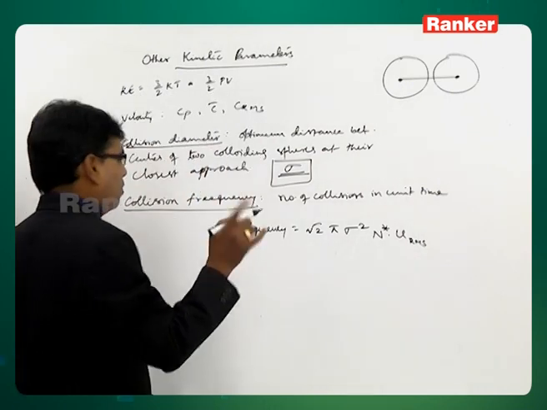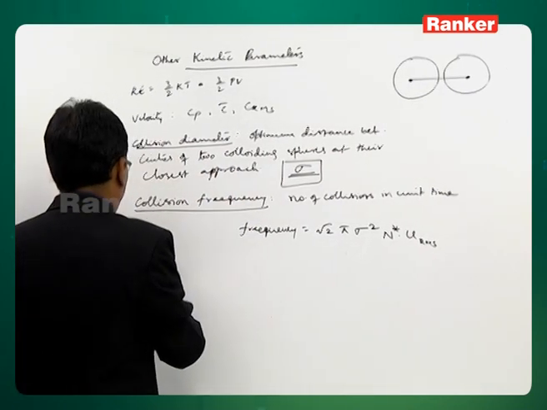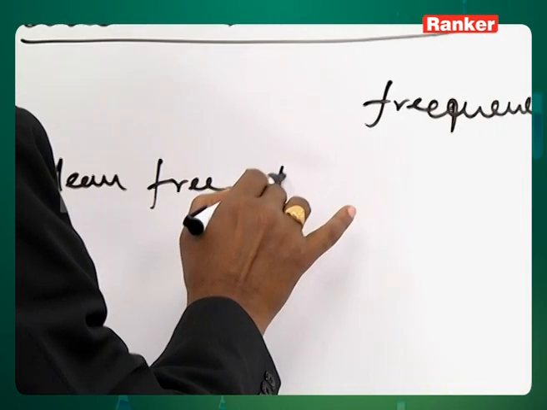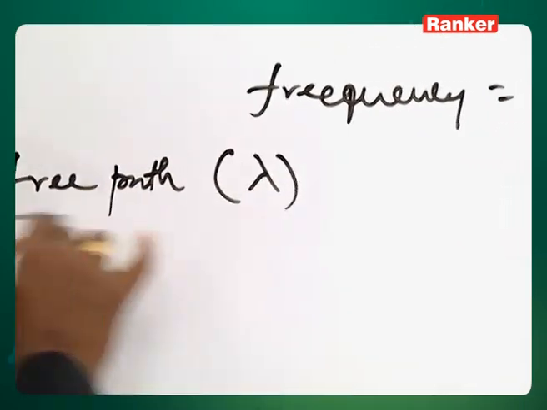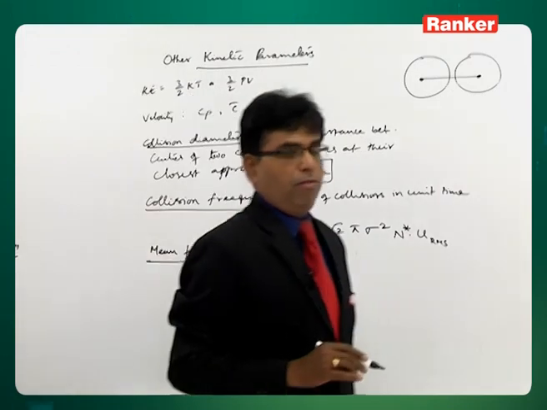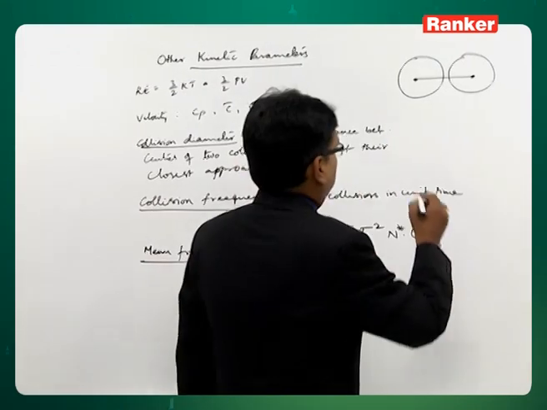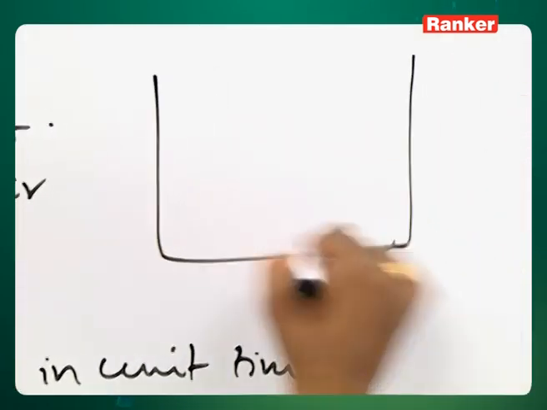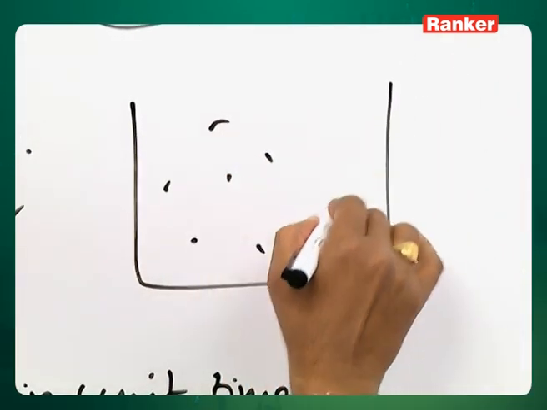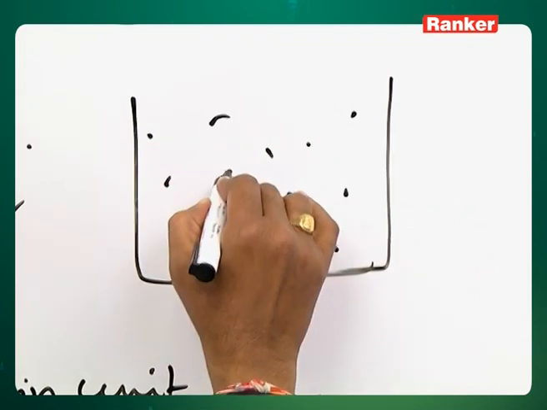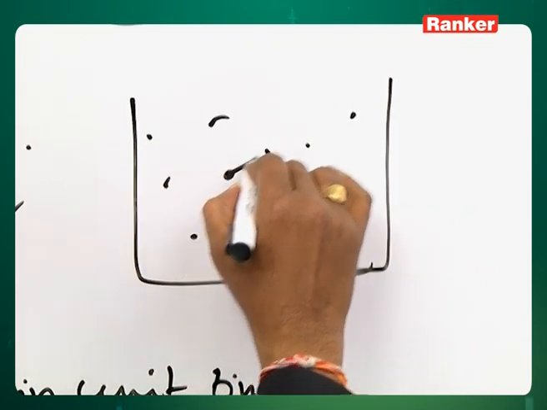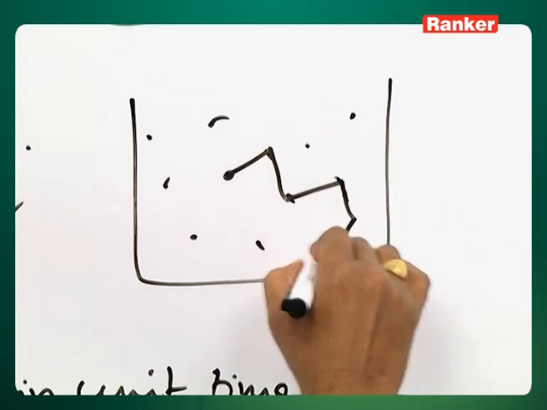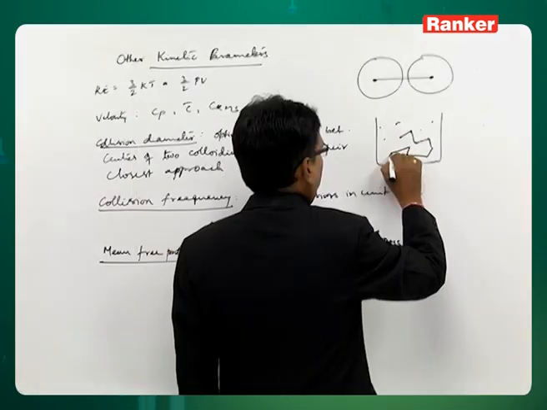Then, most important of all, is the mean free path, lambda. What is this mean free path lambda? Suppose in the vessel you have a large number of molecules, then one particular molecule will travel a different path, like this.